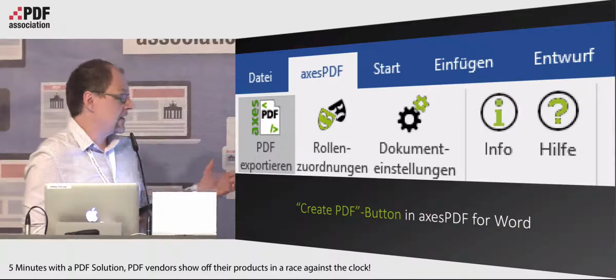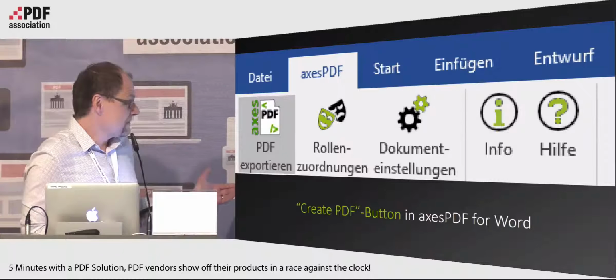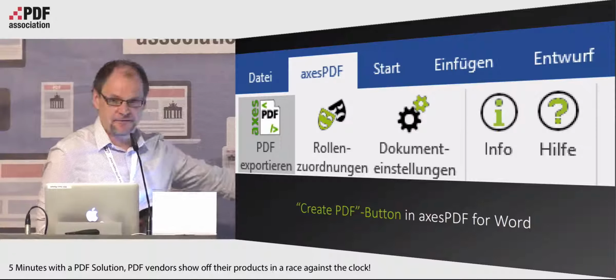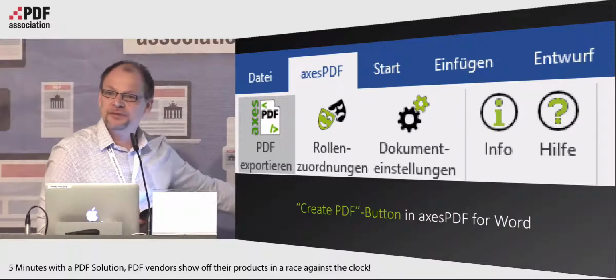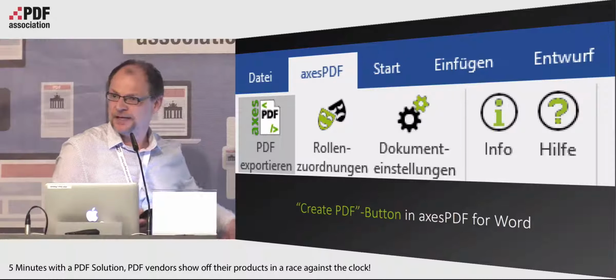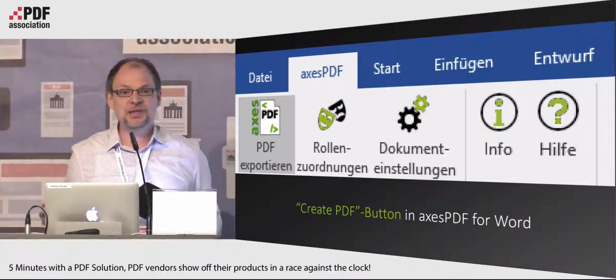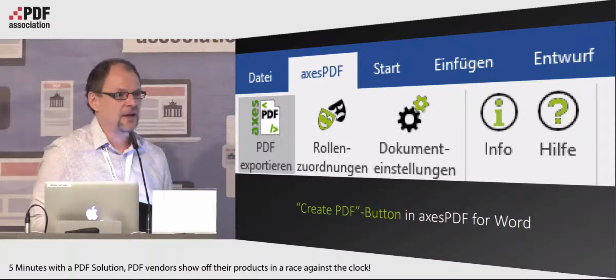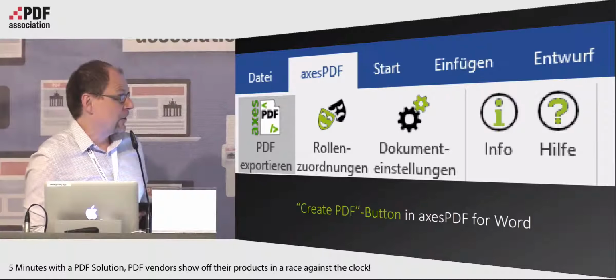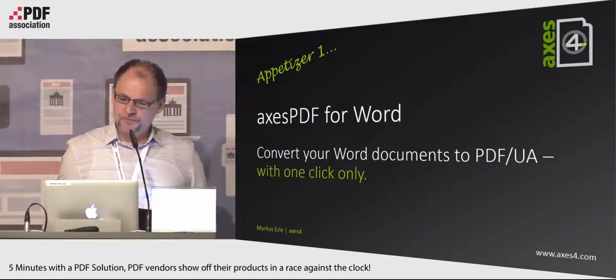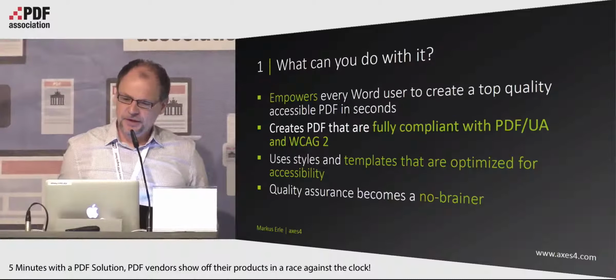For example, in our Word add-in, there is one important button, Create PDF. And behind this button, there's really powerful analysis and creation, and you get a fully compliant PDF UA file out of Word. It's called Access PDF for Word.